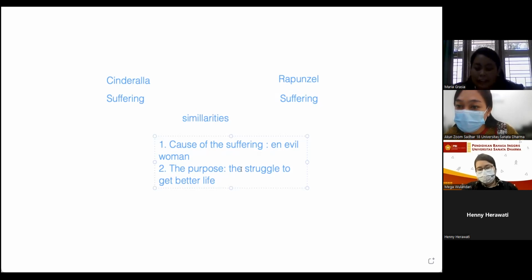That's all. Is the purpose to struggle, the struggle to get a better life, or to find a prince? Which one? Both of them. Yes. How does it relate with the suffering?